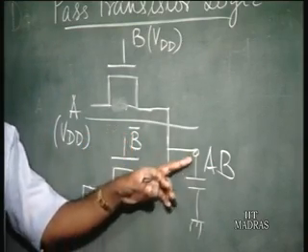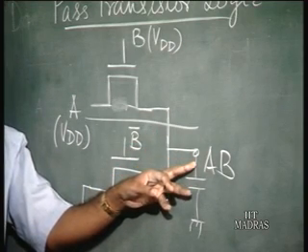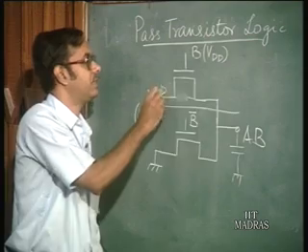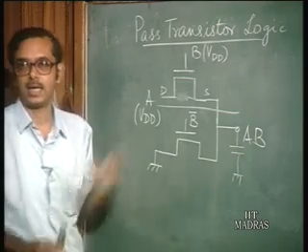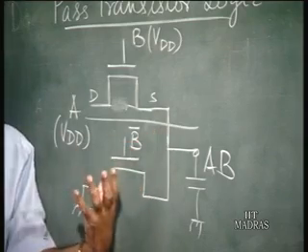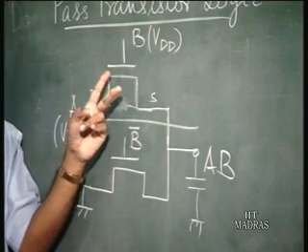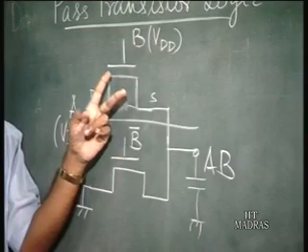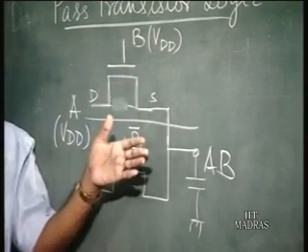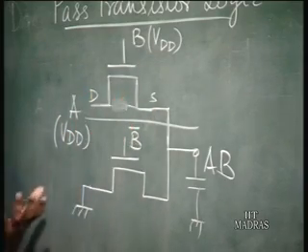But when it reaches VDD minus VT, what happens is, this is basically the drain and this is the source, because this is at a higher potential. When this source voltage reaches VDD minus VT, then this transistor cuts off, because it cannot supply any more current once the gate to source voltage falls below VT.